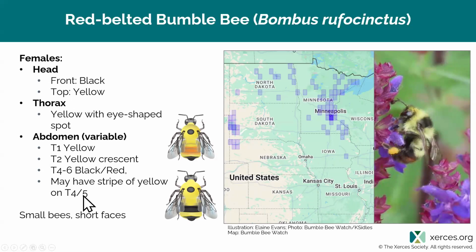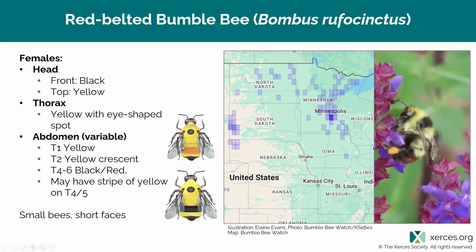So working backwards from the color patterns on the abdomen to the color patterns on the head. For the red-belted bumblebee, what we look for on the abdomen is a solidly yellow T1, and then a T2 with a yellow crescent shape. So sort of like the brown-belted bumblebee, you're going to expect to see a crescent of yellow hairs that do not extend quite all the way across the entire segment of that abdomen.